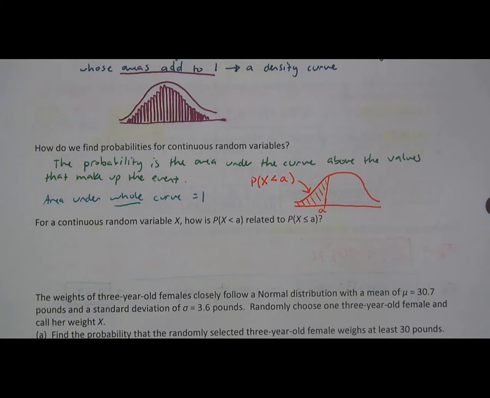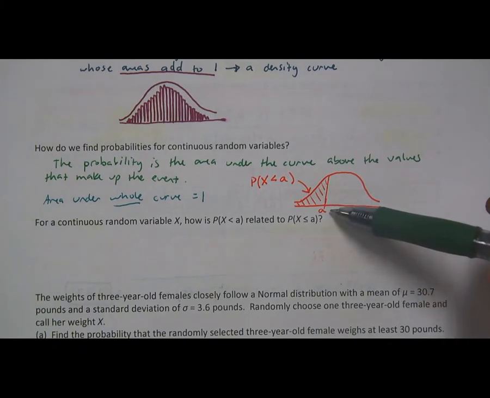Your lower would be -1,000. Your upper would be whatever value A is in the problem, and you would get your probability. It's the same thing you've done before, but now we're just assigning a probability to it instead of just an area.